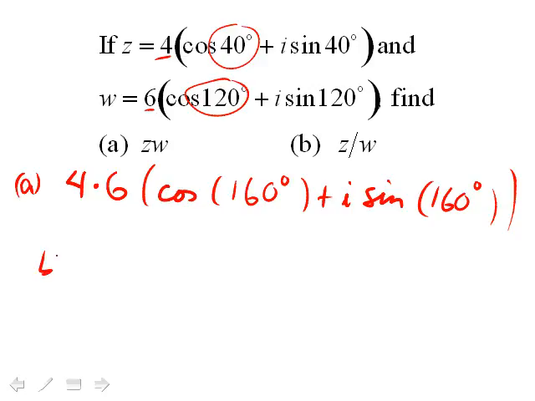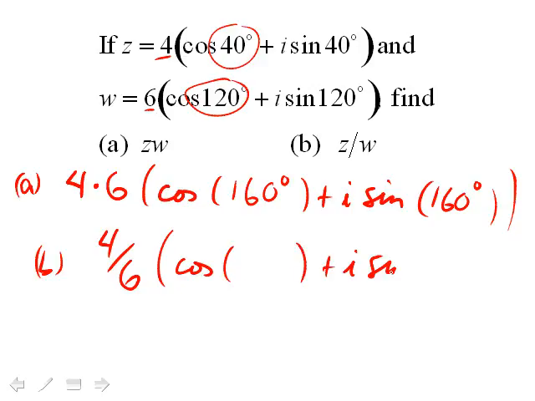And for B, to do the quotient, the rule was you divide the magnitudes, so 4 divided by 6, and you subtract the arguments. So it's cosine plus i sine, and what goes there is 40 minus 120.